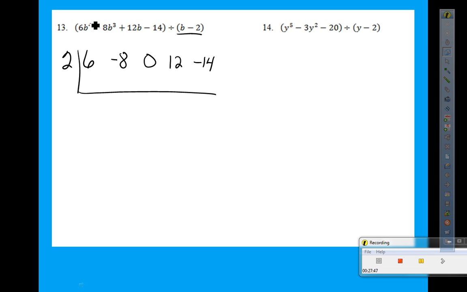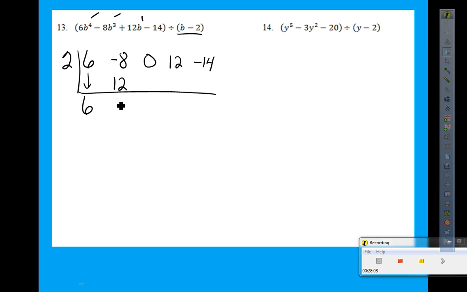So when I look at it, 4, 3, I don't have a 2, so I need a 0. I got a 1 and a constant. Once you have your 0 in place, we're ready to roll. Drop your 6. 2 times 6 is 12.